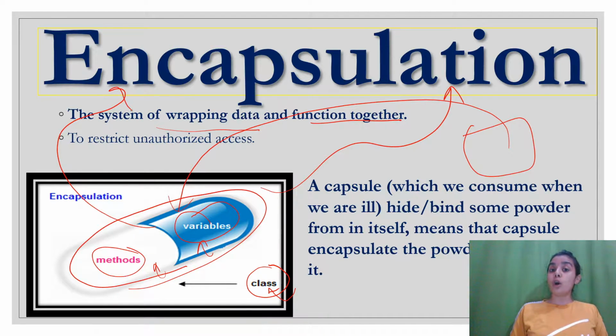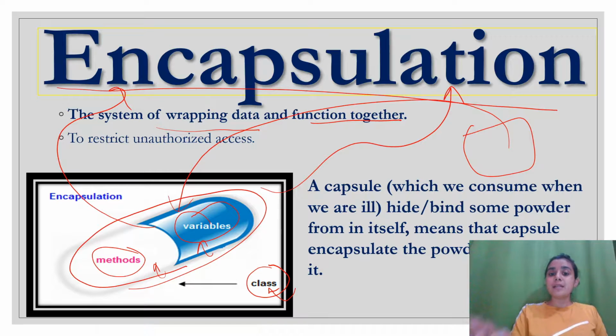If we talk about the object oriented programming concept, there are pillars. This is one of the most important pillars of object oriented programming, where it is achieving data hiding. Because encapsulation means here you can hide your important data.